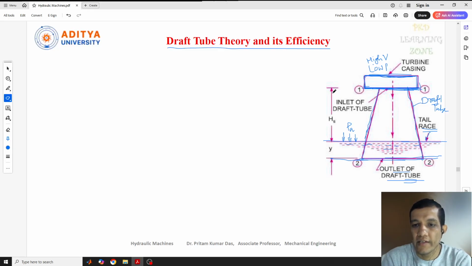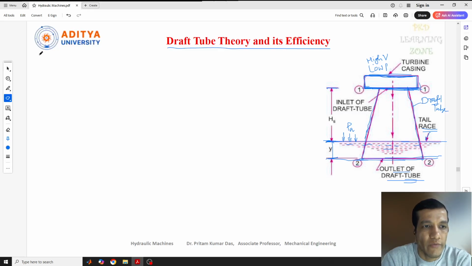The inlet of the draft tube we call section 1, and the outlet of the draft tube is section 2. The distance from section 1 to the tail race is HS, which is the vertical height of the draft tube above the tail race up to section 1, the inlet point. Similarly, the distance from the bottom of the draft tube to the tail race is y.